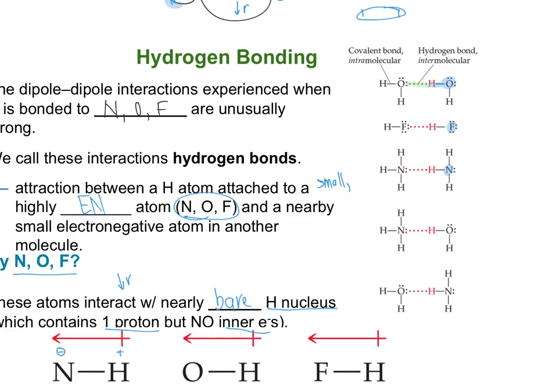So here I have a partially negative side of water, and here's my partially positive side of water. My interaction is going to be between the oxygen on one molecule and the hydrogen on another. So that's the hydrogen bond. This is not the hydrogen bond. It's not the one in the molecule, it's between molecules.